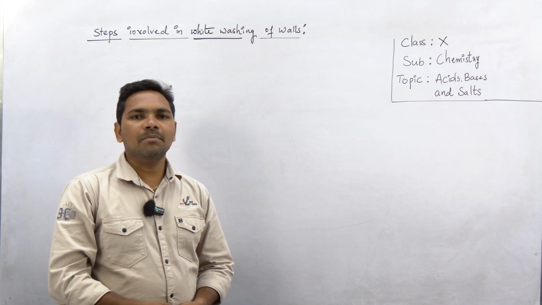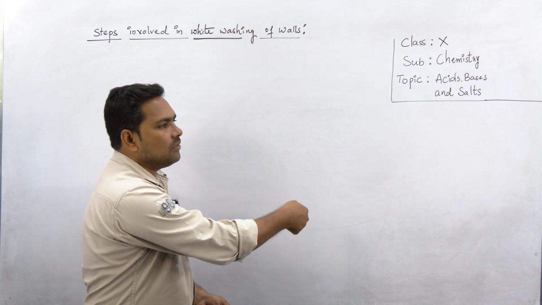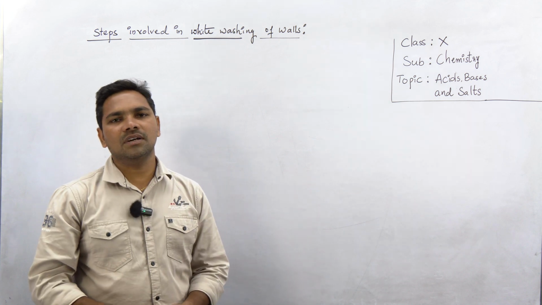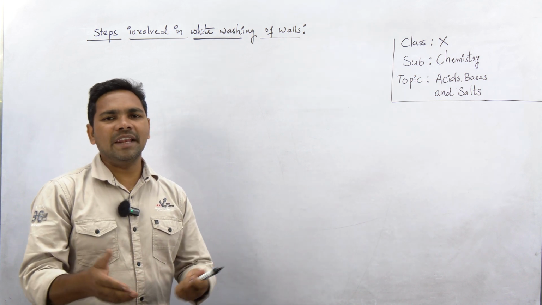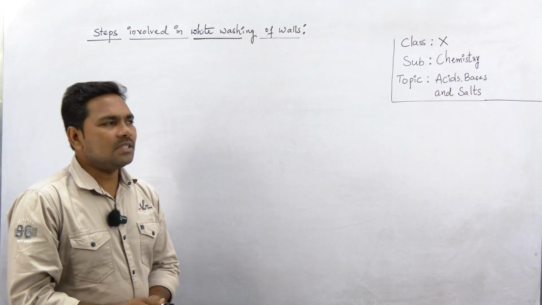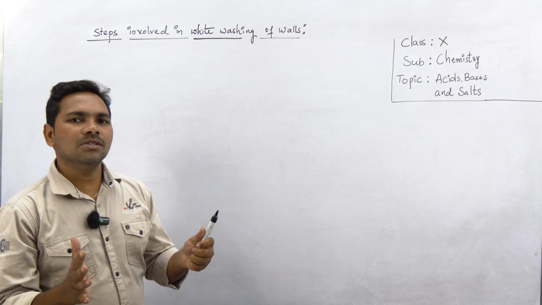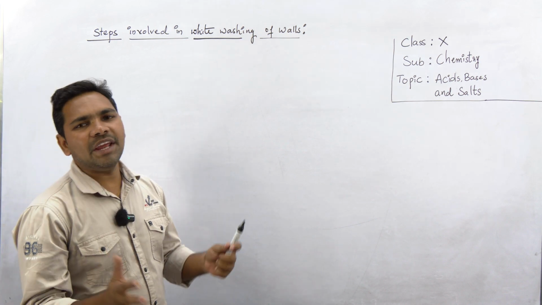Then what happens after coating? Soon after you coat the walls with this solution, the walls appear dull, a little grayish.